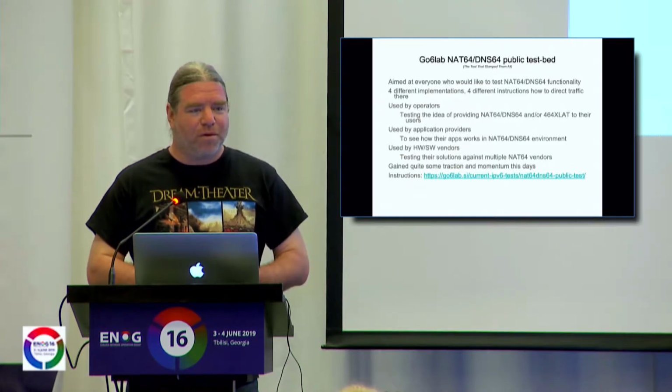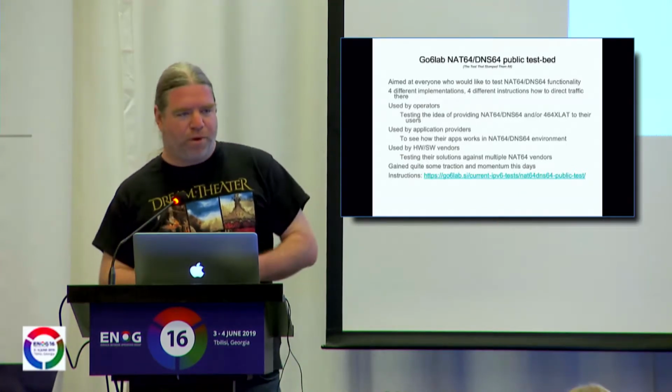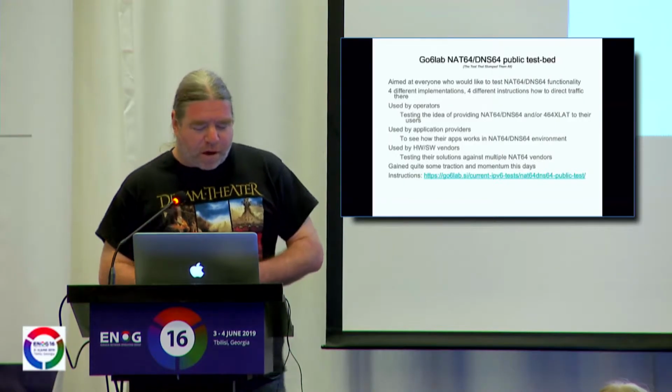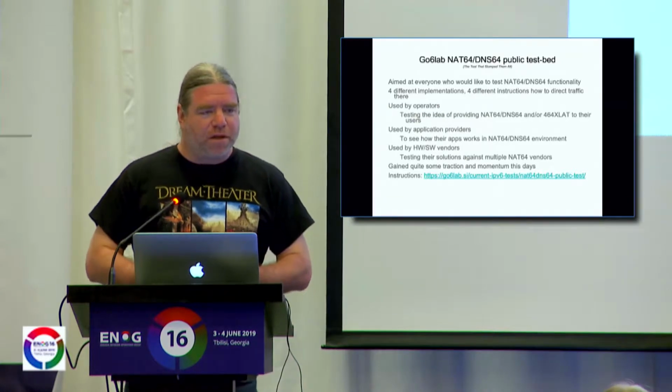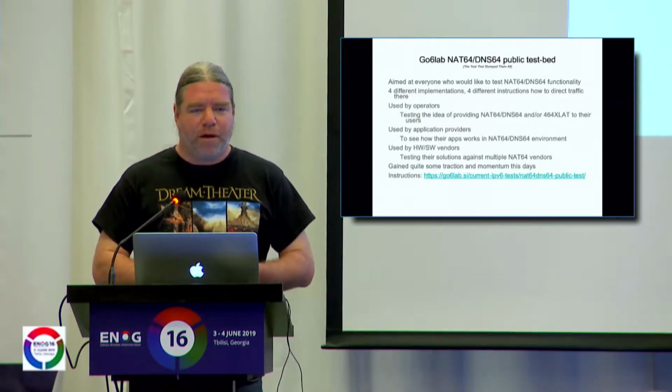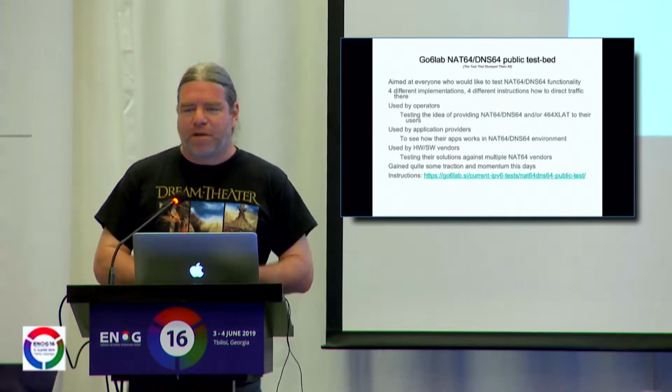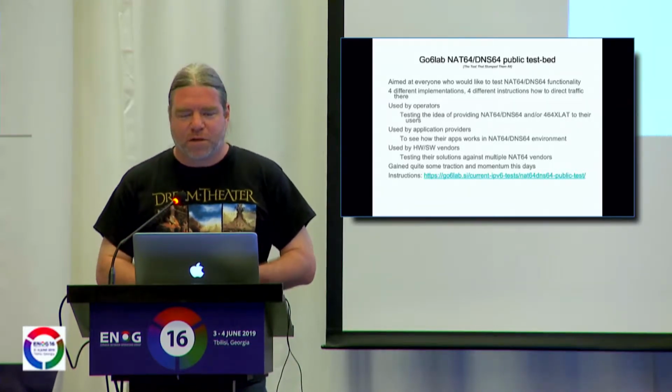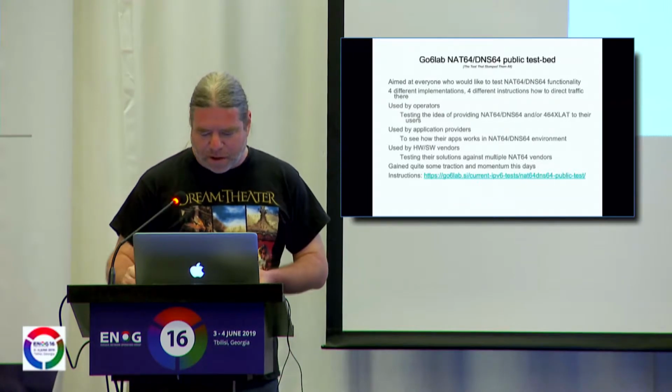It was also used by Google people when they implemented 464XLAT on Android devices, to test their code remotely with all possible NAT64 implementations. It is used by hardware and software vendors to test their applications remotely, and it's used by many people. There is quite a lot of traffic to these NAT64 implementations that are sitting there.